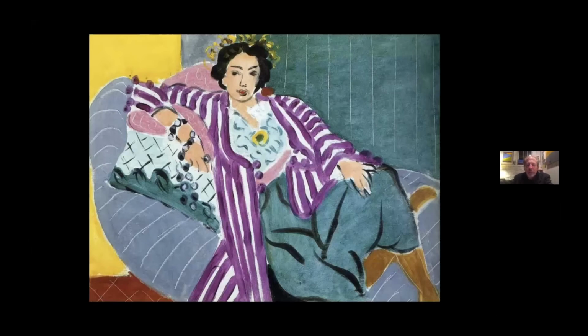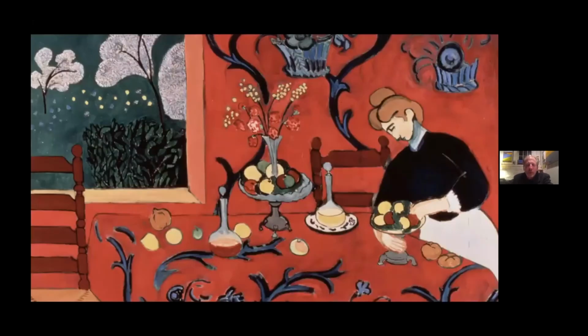Here it's even more extreme. Notice there's no modeling. The same color reappears several times. Here again, the same pattern and same color in the same value on the wall and on the tablecloth. And the same yellow circles are on the table, in the flower vase, and in the landscape outside.